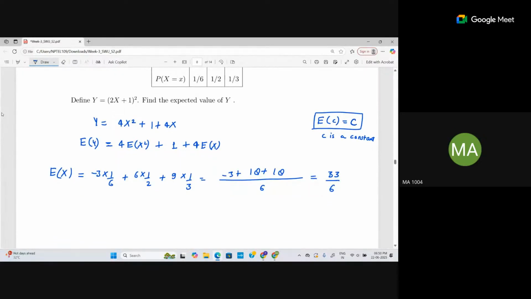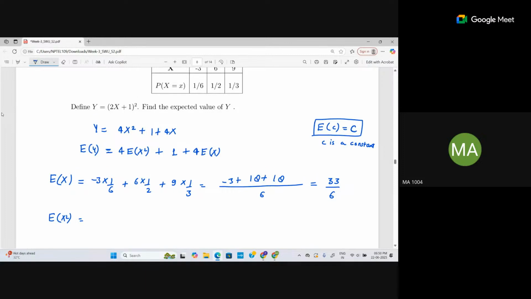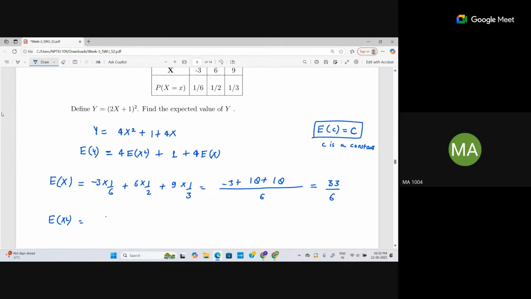Next we have to find the expectation of x square. So minus 3 square will become 9 into 1 by 6 plus 6 squares, which is 36, into 1 by 2 plus 9 squares, which is 81, into 1 by 3.